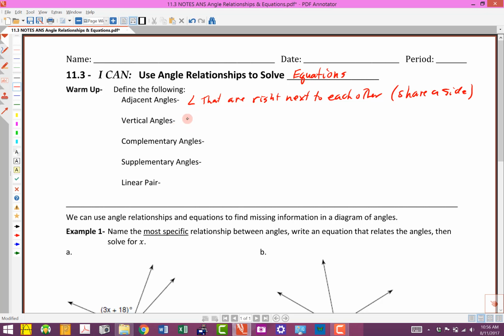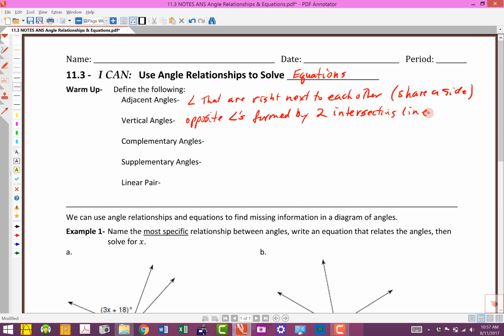Vertical angles are opposite angles. So I'm going to use that angle symbol with an apostrophe S. And they are formed by two intersecting lines. And remember, vertical angles are always congruent.